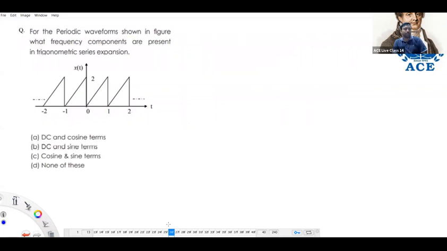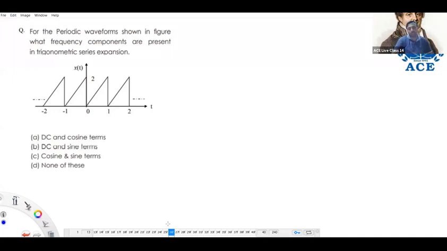Observe this question. For the periodic waveform shown in the figure, what frequency components are present in the trigonometric series expansion? Out of A0, A and B, which components does it contain? So check the symmetry.